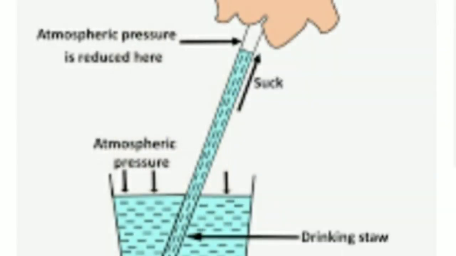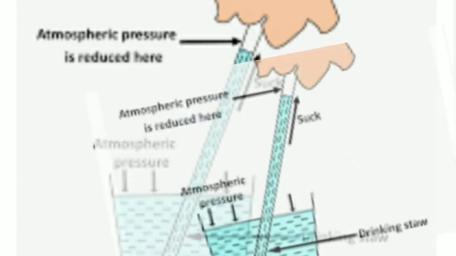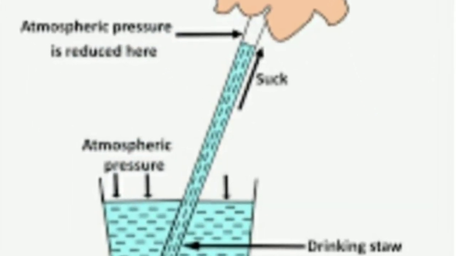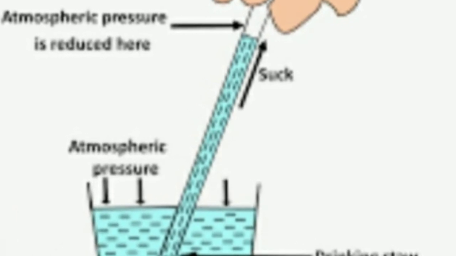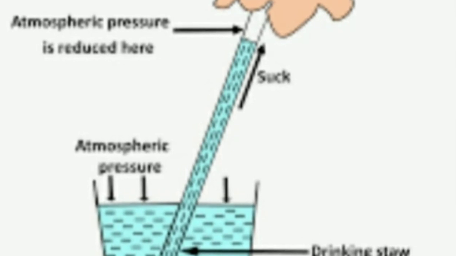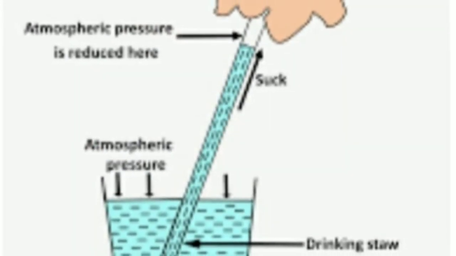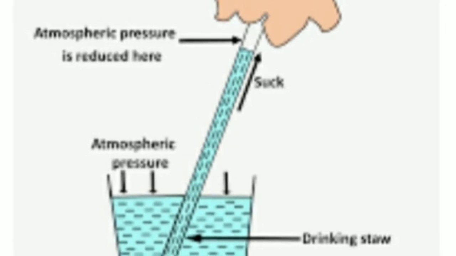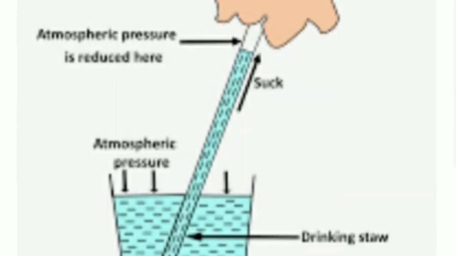You can see over here that a man is drinking water with the help of a straw. It will be amazing to know that here also atmospheric pressure plays a very vital role. First, he sucks the air which was present in the straw and creates a low pressure area.